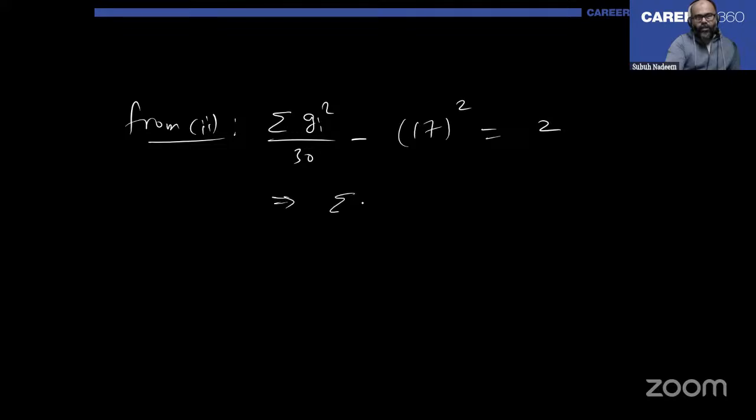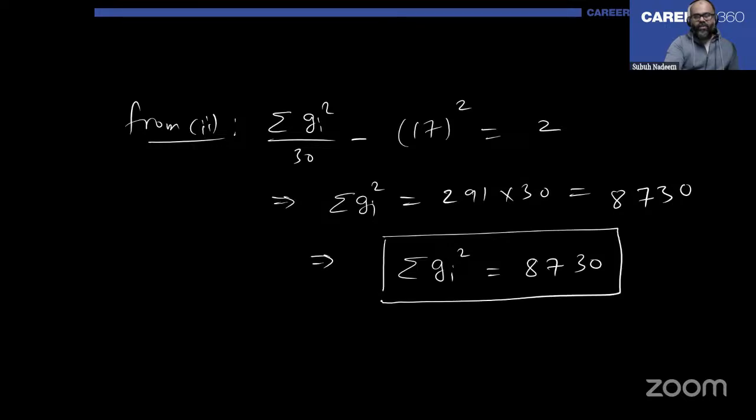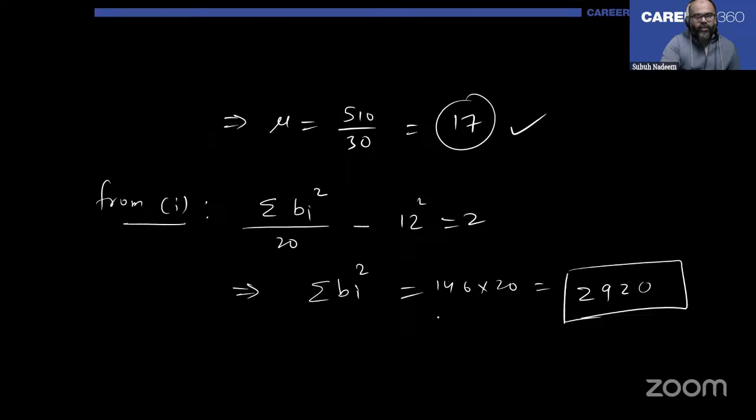So we get sigma of Gi square is equal to 17 into 17, which is 289, plus 2 is 291, into 30. So this is sigma of Gi square, equal to 8730. And this is sigma of Bi square.